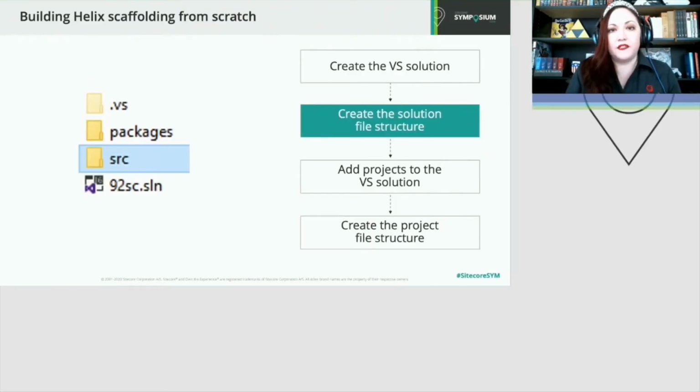Then in the file system, you would need to create the SRC or source folder in your project root. And then inside of the source folder, you would need to then also create the same project, feature, and foundation folders again. These are the folders where the code for your project will be stored.